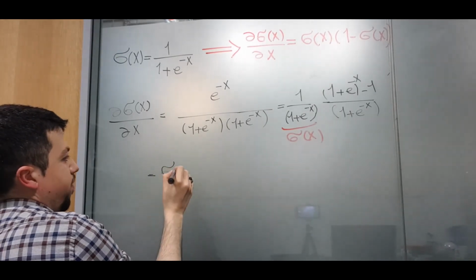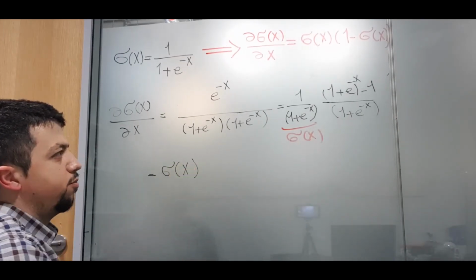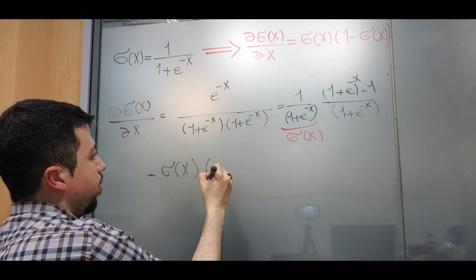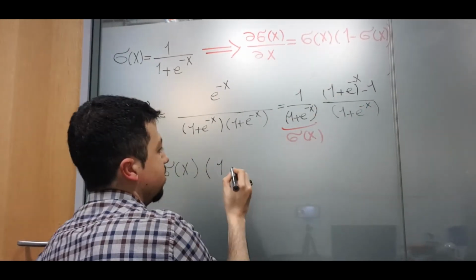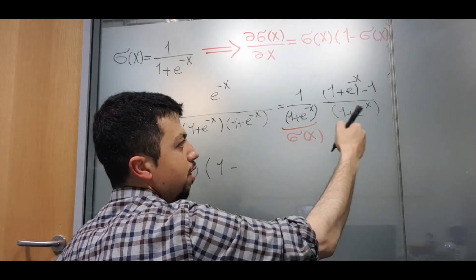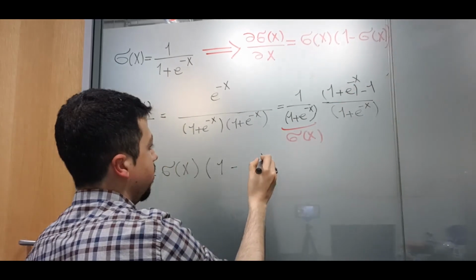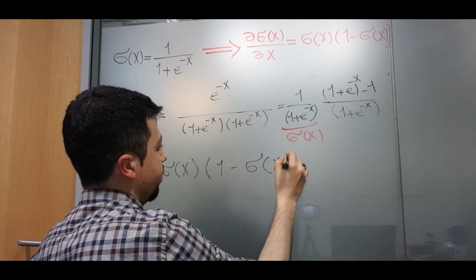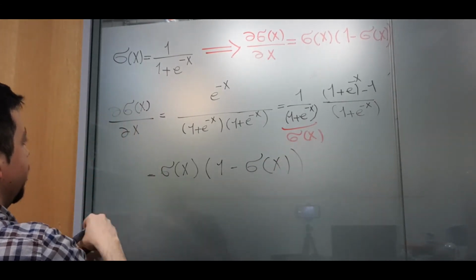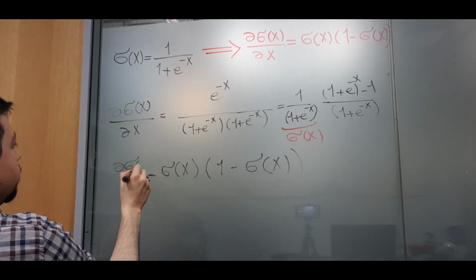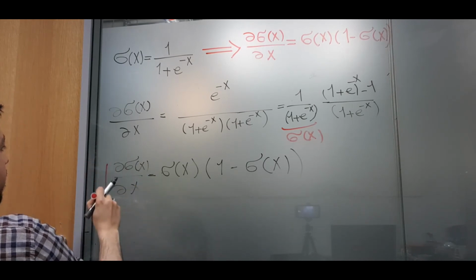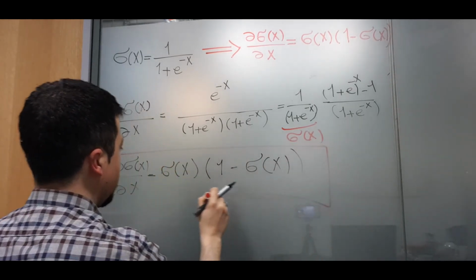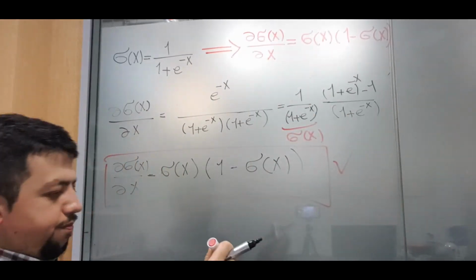So I have sigmoid of x multiplied by this part, which would be 1 minus 1 over this expression, which is again sigmoid of x. So this was our partial derivative. And this is our proof.